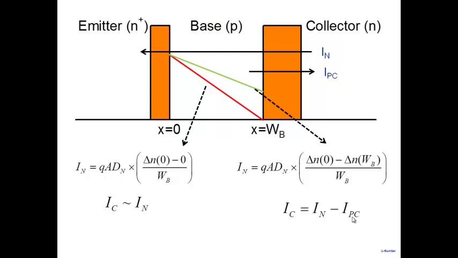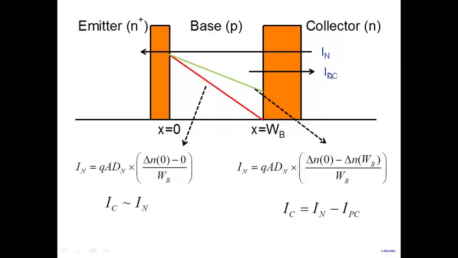Collector current is IN minus the injected hole current. So why is the collector current reducing? What is the reason for the reduction? IN is reducing, and in addition there is a hole current, IPC, which is also subtracting from it. So why is it really reducing? Is it this factor, or is it decreasing because of IPC, or because IN is reduced? What is the dominant factor?